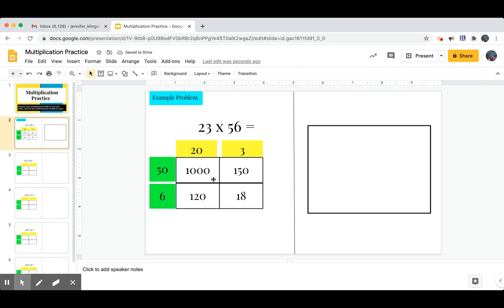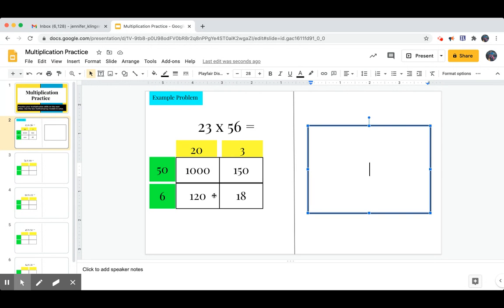Now, to find my answer, I'm going to add all of the numbers on the inside of my array model, or inside of my box, over in this square to the right. So I'm going to double click, and I'm going to add all of these numbers up. So all I'm going to do is put 1,000 plus 150.